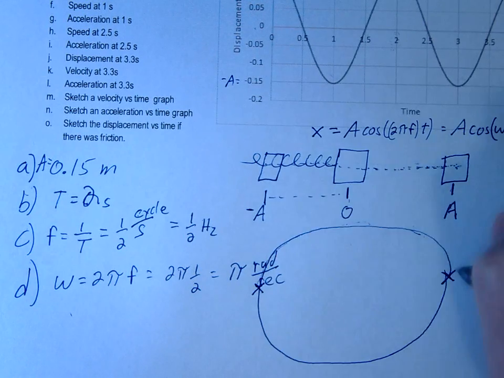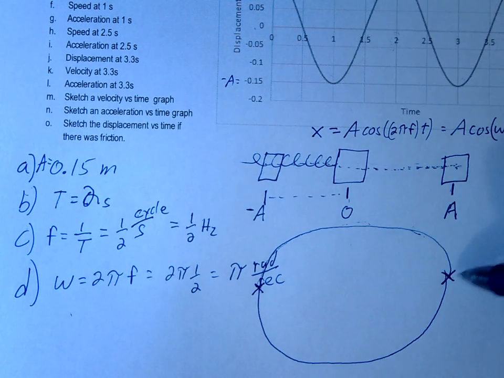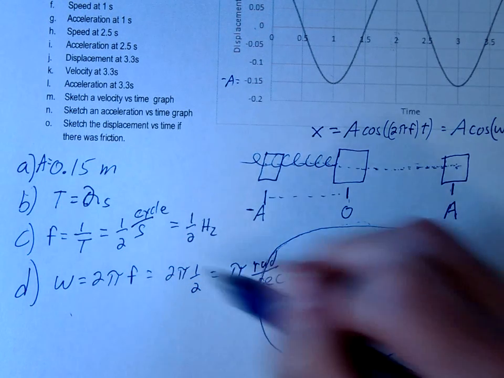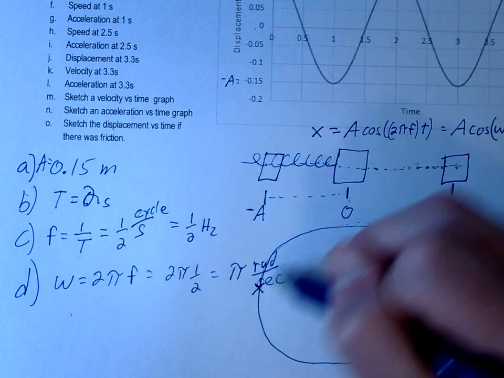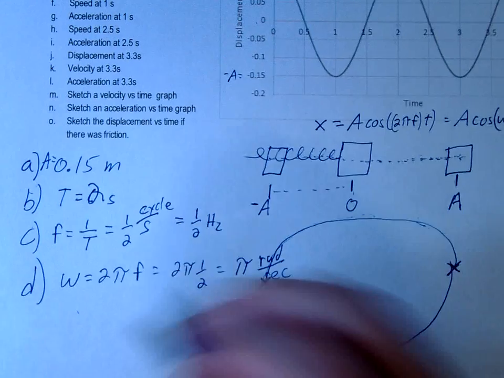Half of a circle is simply pi. And in 2 seconds we would travel all the way back here, which would be 2 pi. So one period we travel the full 2 pi, but in this case our omega is just pi radians every second. So in 1 second we travel pi radians.